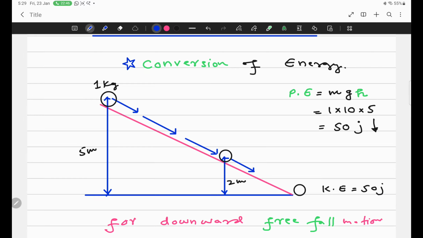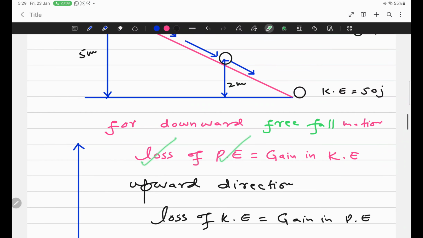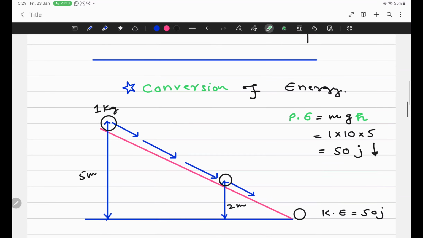Sir, when an object is at a height, it possesses potential energy. But when it is released, then obviously it moves downward. And when it moves downward, it is losing potential energy, gaining kinetic energy, and it is called interconversion of kinetic energy and potential energy.